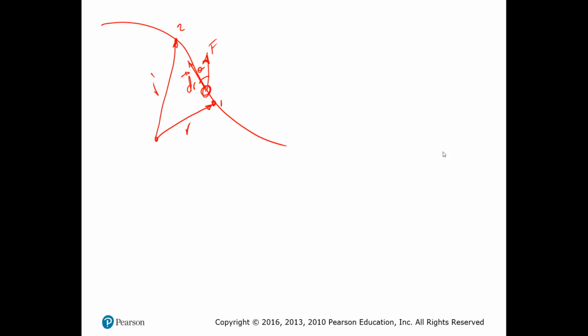What is important to remember is the equation for the dot product from statics: the dot product of two vectors equals the product of the magnitudes of each vector multiplied by the cosine of theta. So A dot B equals the magnitude of A times the magnitude of B times the cosine of theta, theta being the angle between both of them.